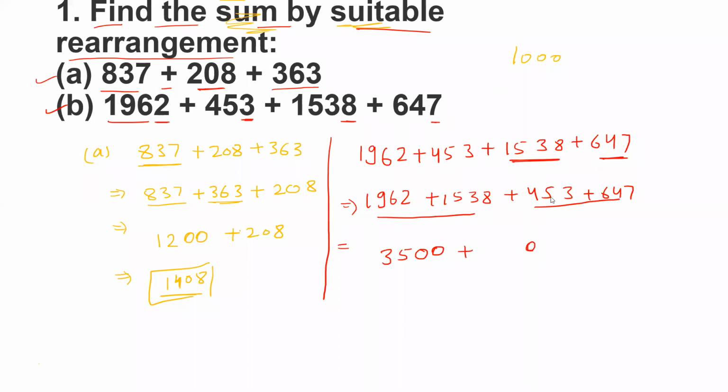Okay, so 5 plus 4, 9, again 0, 1 carry, and 11. These are the numbers. Now add both of them and you'll get 5 plus 1, 6 and 3 plus 1, 4. So 4,500. Is it the right answer?